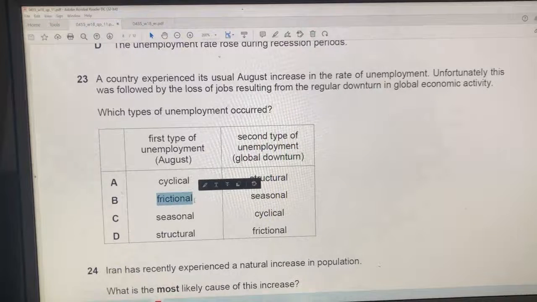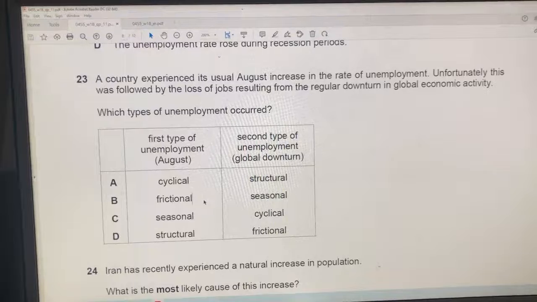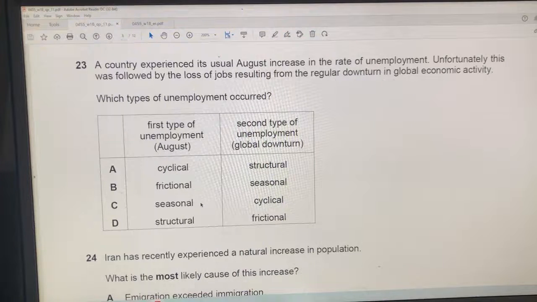I have no reason to say it's frictional. Frictional unemployment is when you're between jobs. You're waiting for another job to start, or you quit one job and you're looking for another one. So 23, the answer is C.